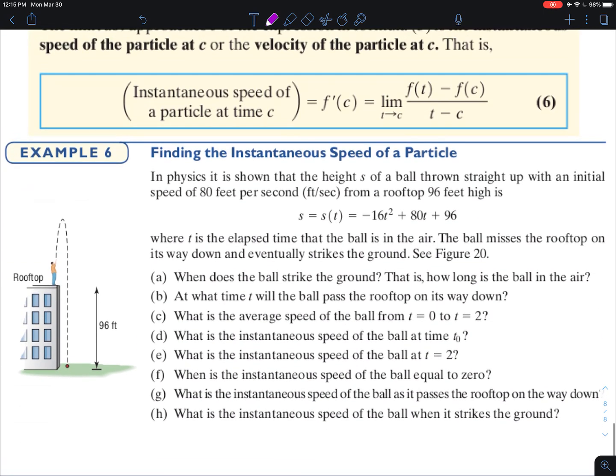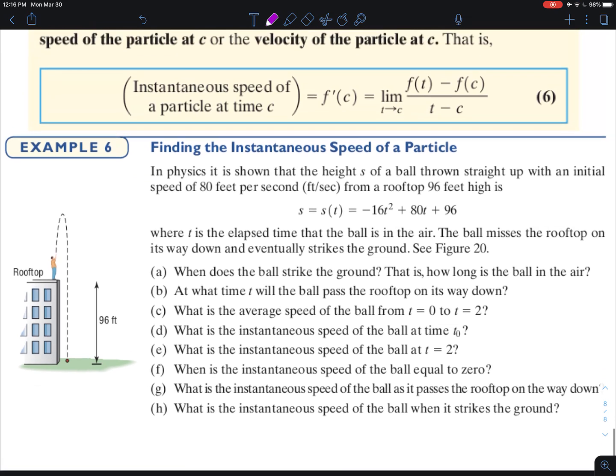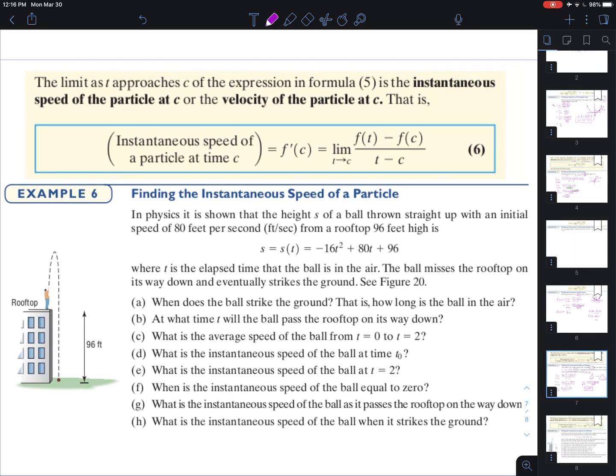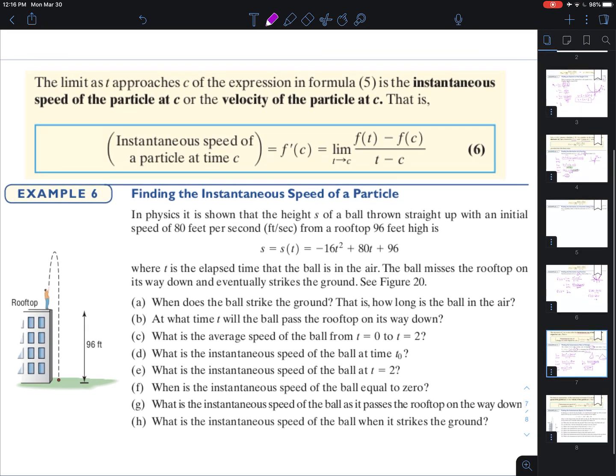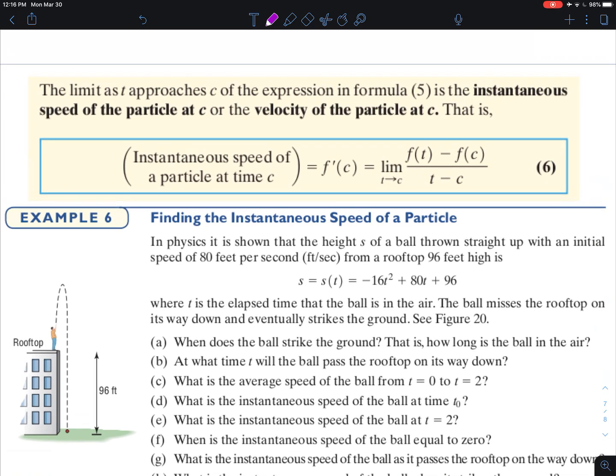So what I've got here is a couple more examples dealing with one particular problem here, but we'll try and answer all these different parts here. Let's see if I can add a page.